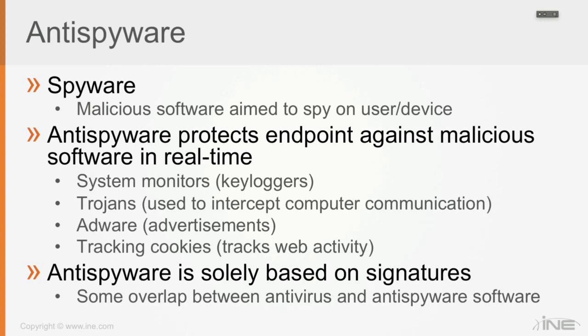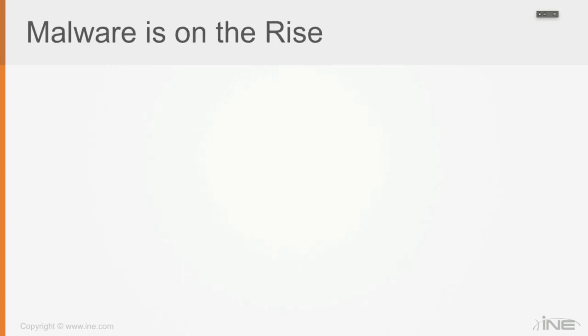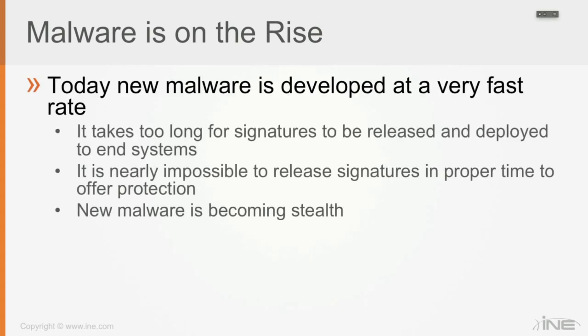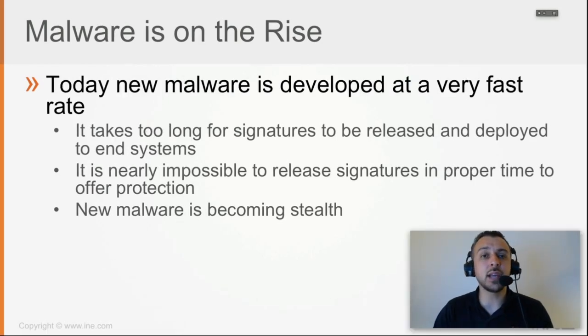So antivirus, anti-spyware, and of course then we have malware, which is on the rise. The problem is that today's new malware is developed at a very fast rate, which means it takes too long for signatures to be released and deployed to end systems. Because you can imagine that the anti-malware vendor has to first detect the malware, then write the signature for it, then publish the signature.